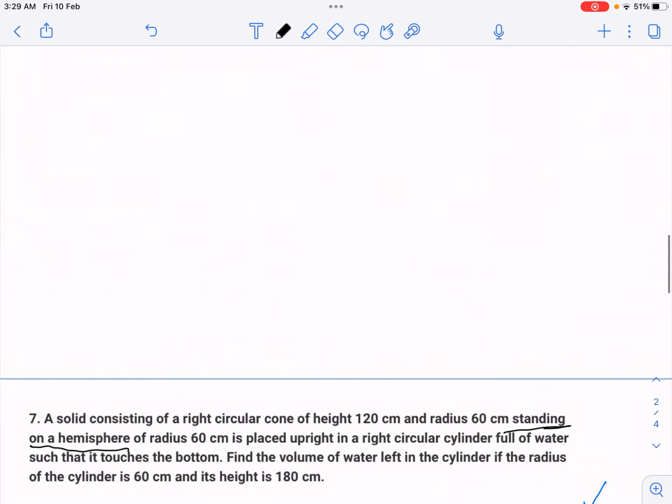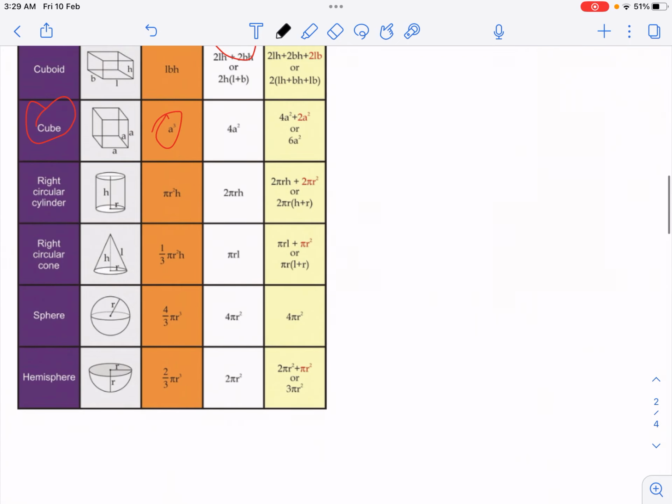Then we are going to find the volume of the cone. Going back to our table, the volume of the cone is 1 over 3 pi r square h.